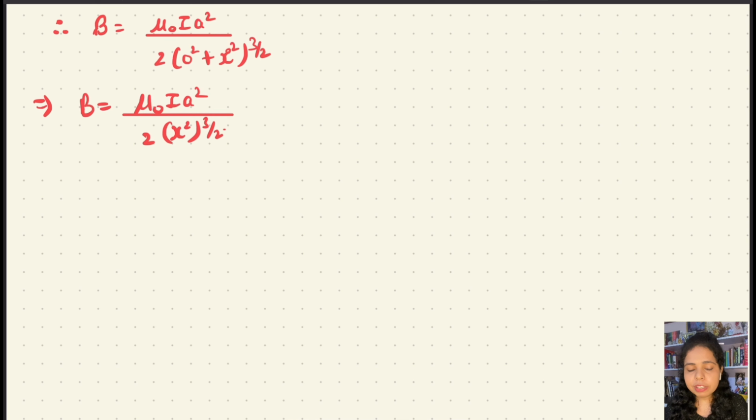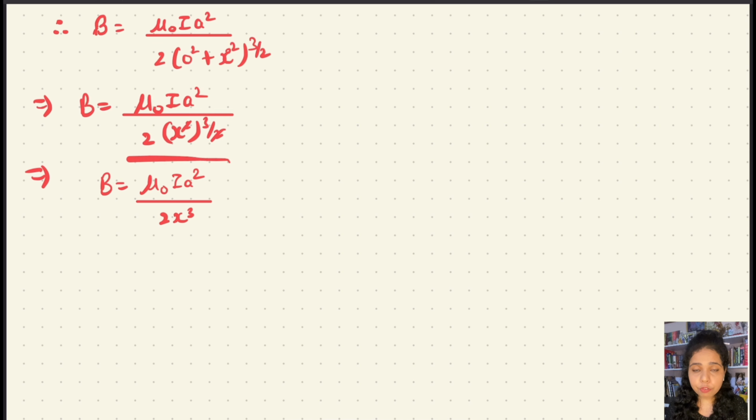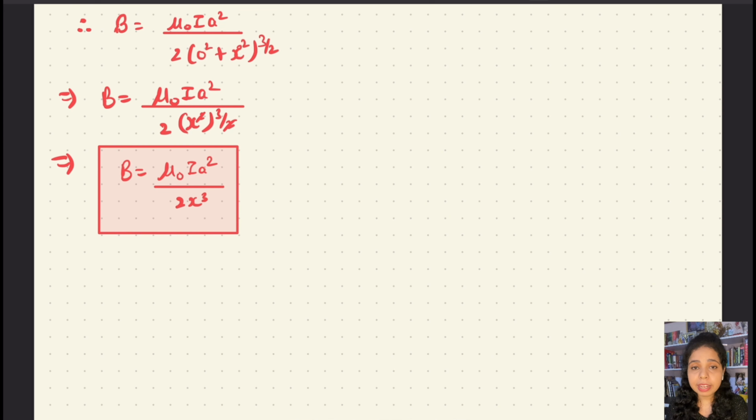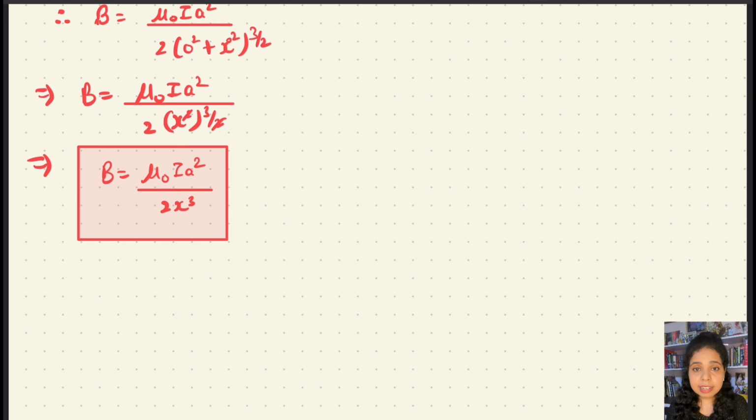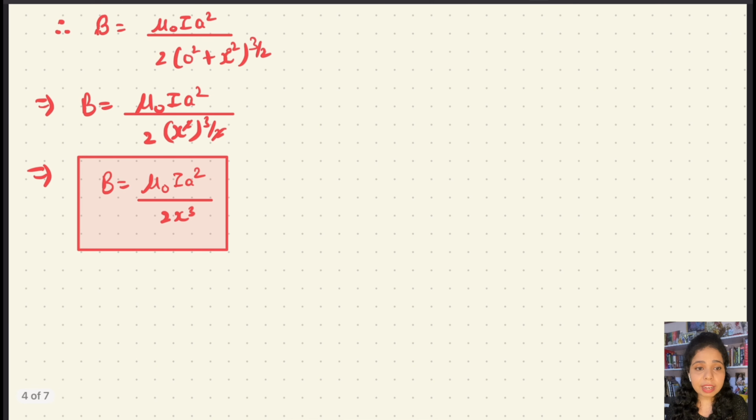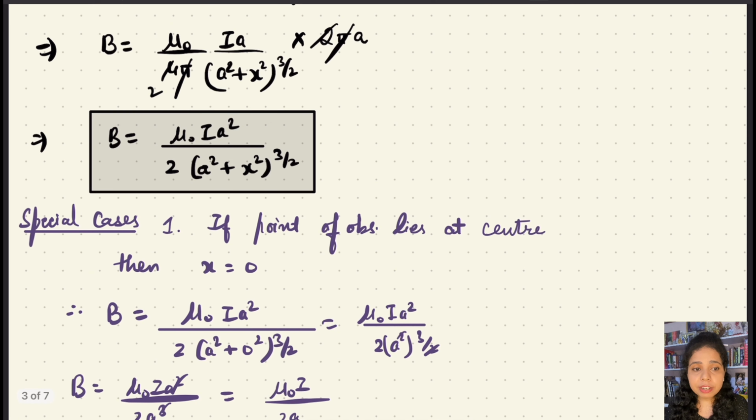So we are left with B is equal to mu naught I a square upon 2x cube, which is the final expression for the magnetic field when point of observation on the axial line of a circular loop is lying at a very large distance, such that this distance is quite large in comparison to the radius of the ring.